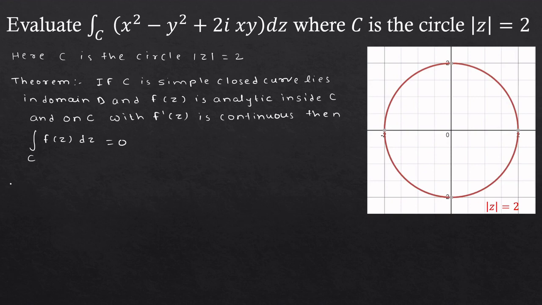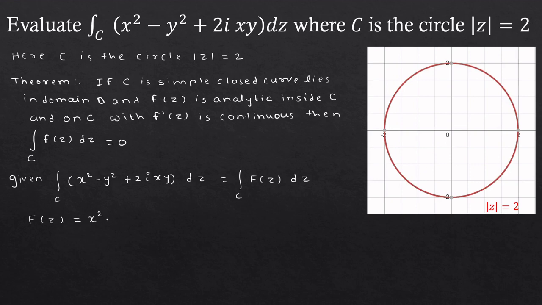So, what is given here? The integral over C of (x² − y² + 2ixy) dz, which is equal to the integral of capital F(z) dz. So what is capital F(z) here? It is x² − y² + 2xyi.